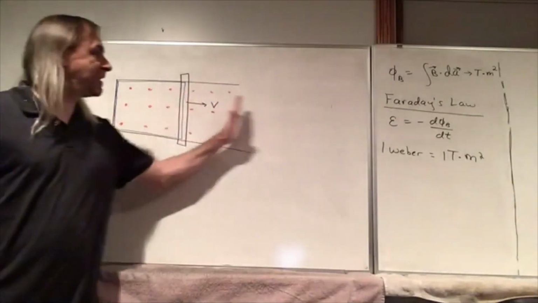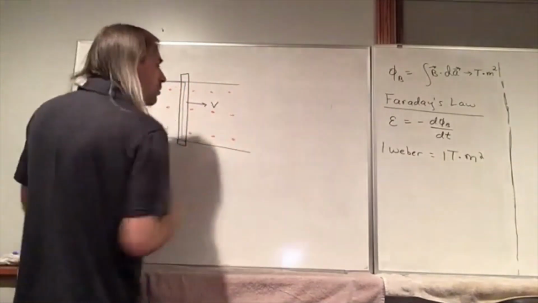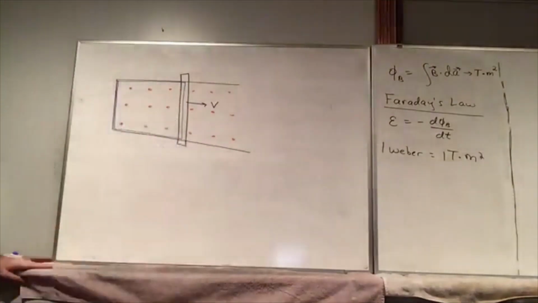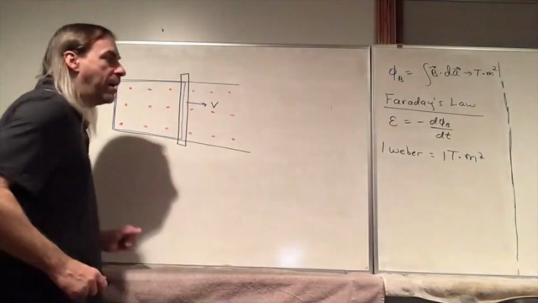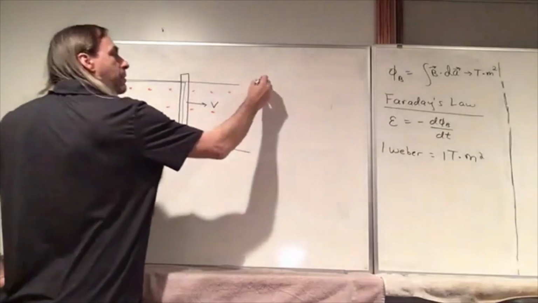We're going to move this at a constant velocity, pulling this rail to the right, and so we're going to be expanding our loop as we do so. Faraday's law works. We don't even have to have a constant loop. The loop itself can be changing. And so that should create an EMF, which should drive a current. So let's actually apply Faraday's law here. The flux, let's look at that.